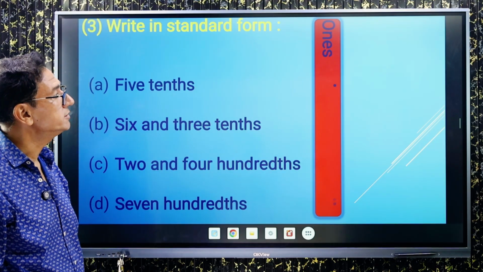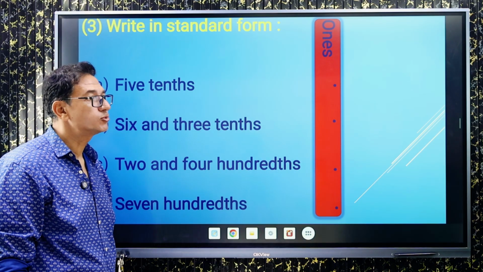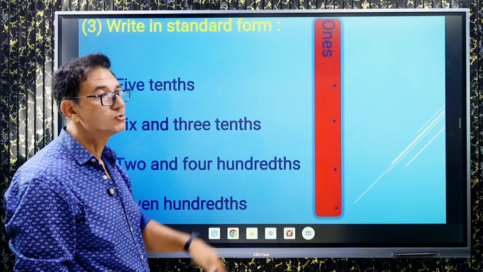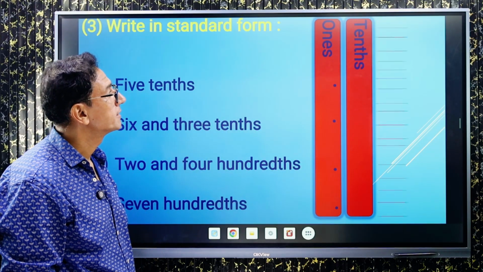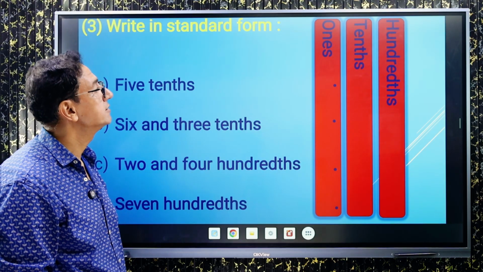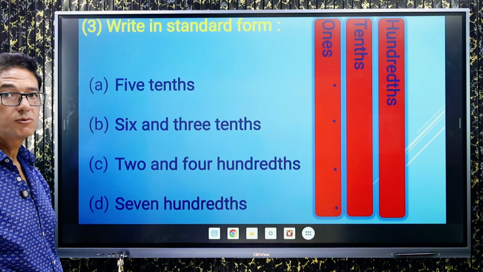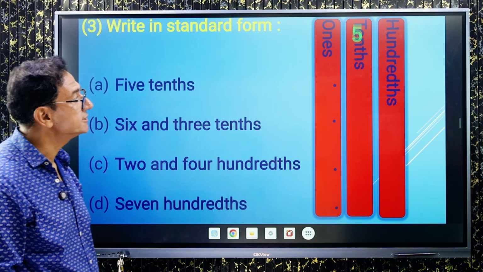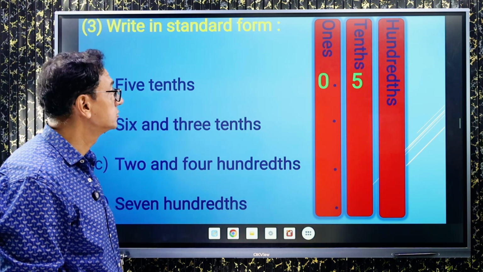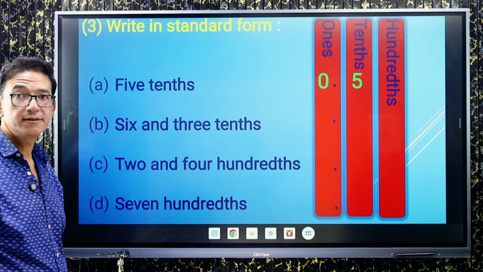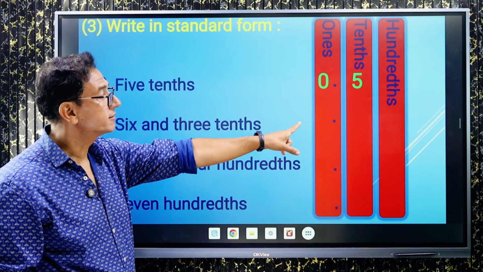This is the decimal point, and the digit which is coming next to the decimal point is tenths. The next is hundredths. We have 5 tenths. We will write 5 in the tenths place, and we have no ones, so we will write 0.